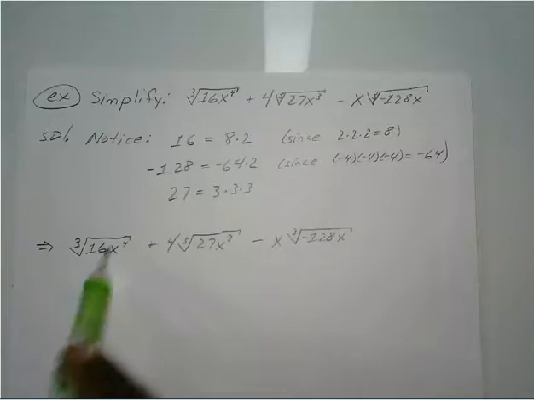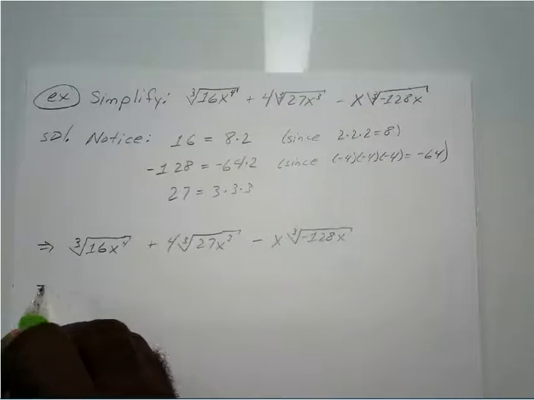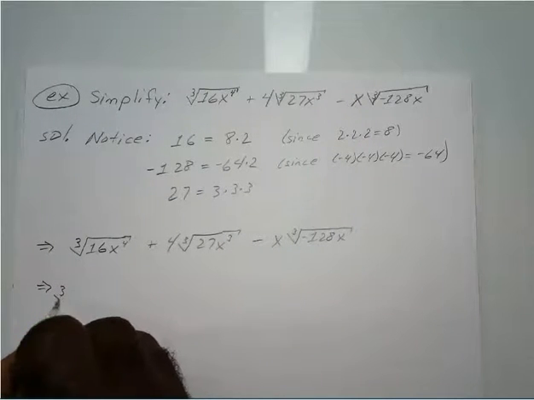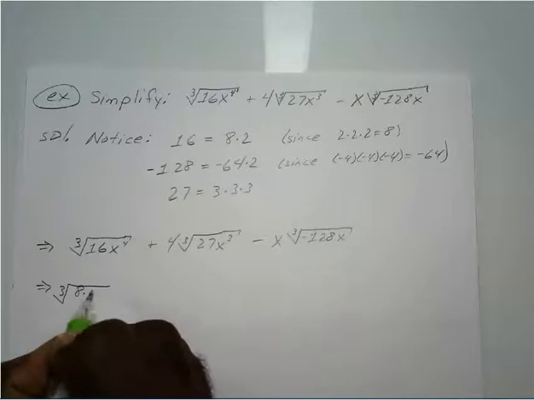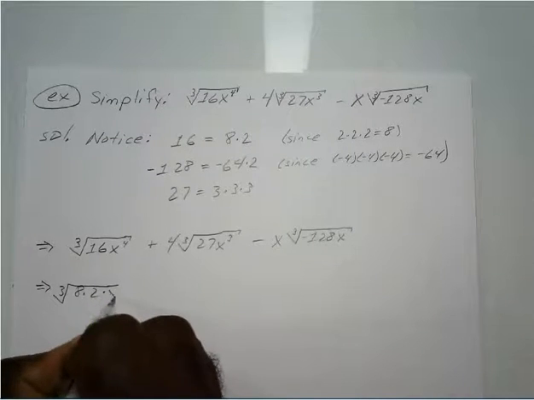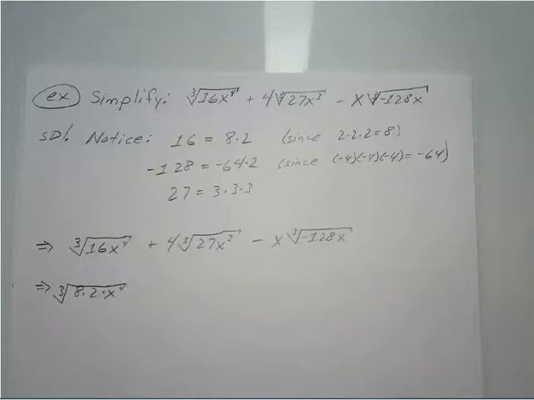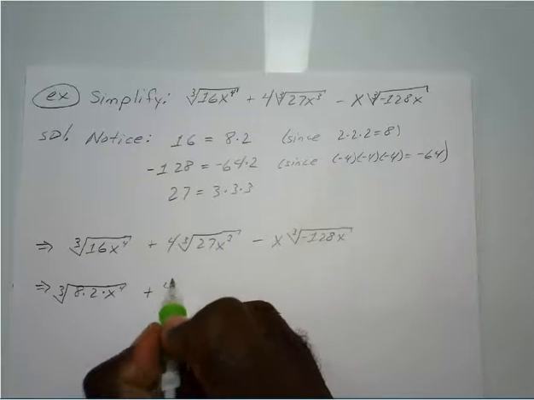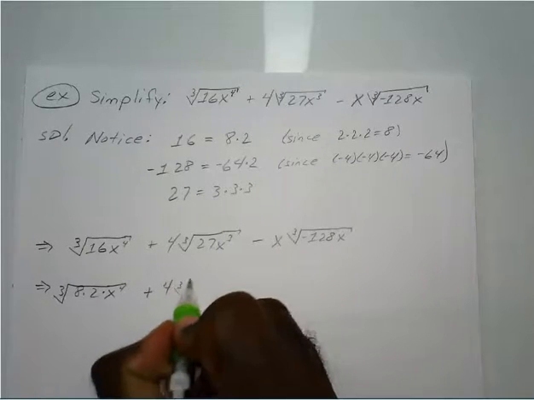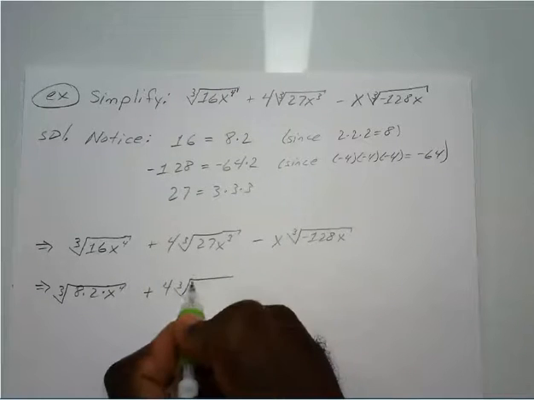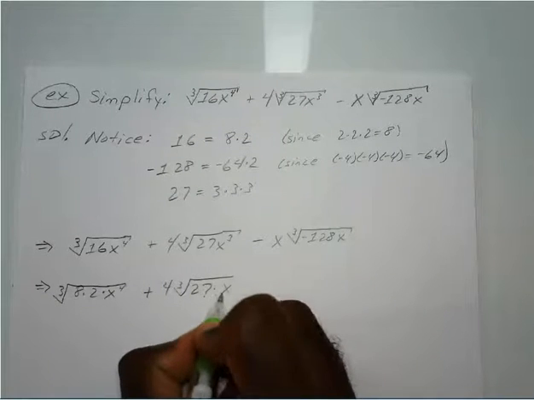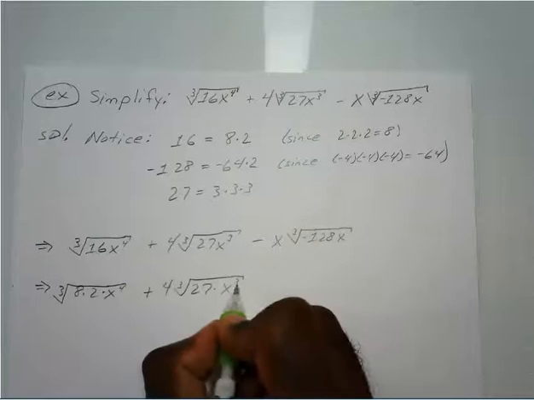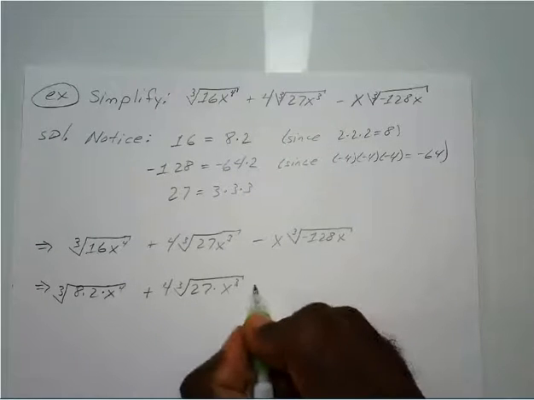Okay, so if we replace 16 with 8 times 2, we have the cube root of 8 times 2 times x to the fourth, plus 4 times the cube root of 27 times x to the third. I'm just going to leave that there for right now.